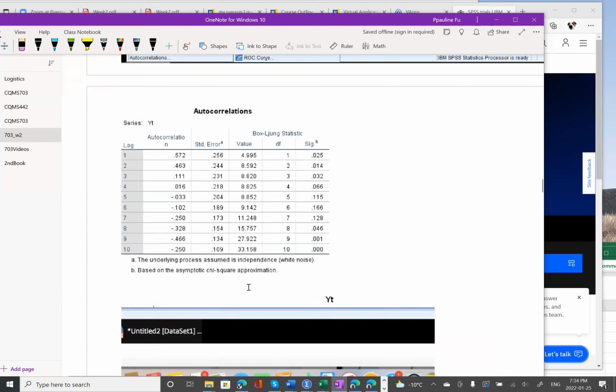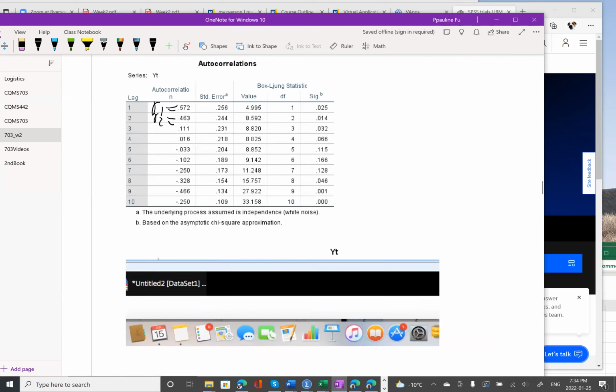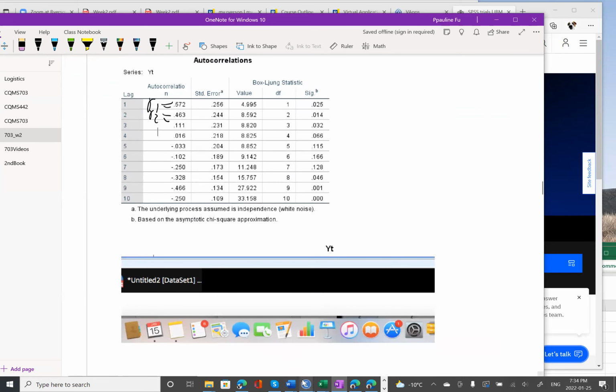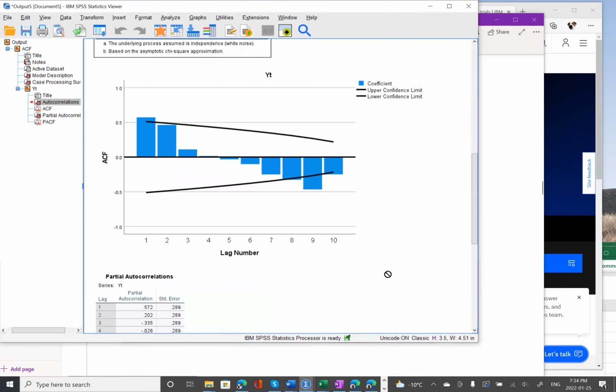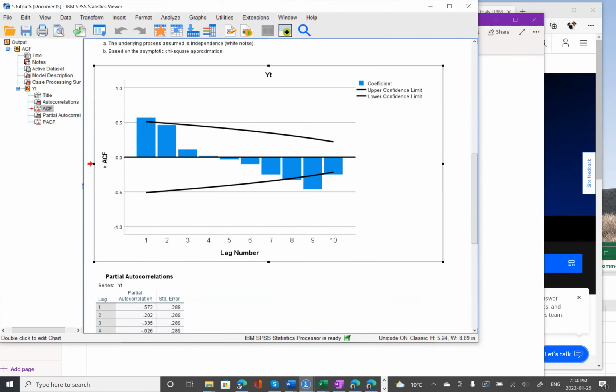Remember the numbers we get, that is R1, R2, etc. And we can also produce a graph from the output of SPSS. This graph is the autocorrelation function. ACF stands for autocorrelation function.